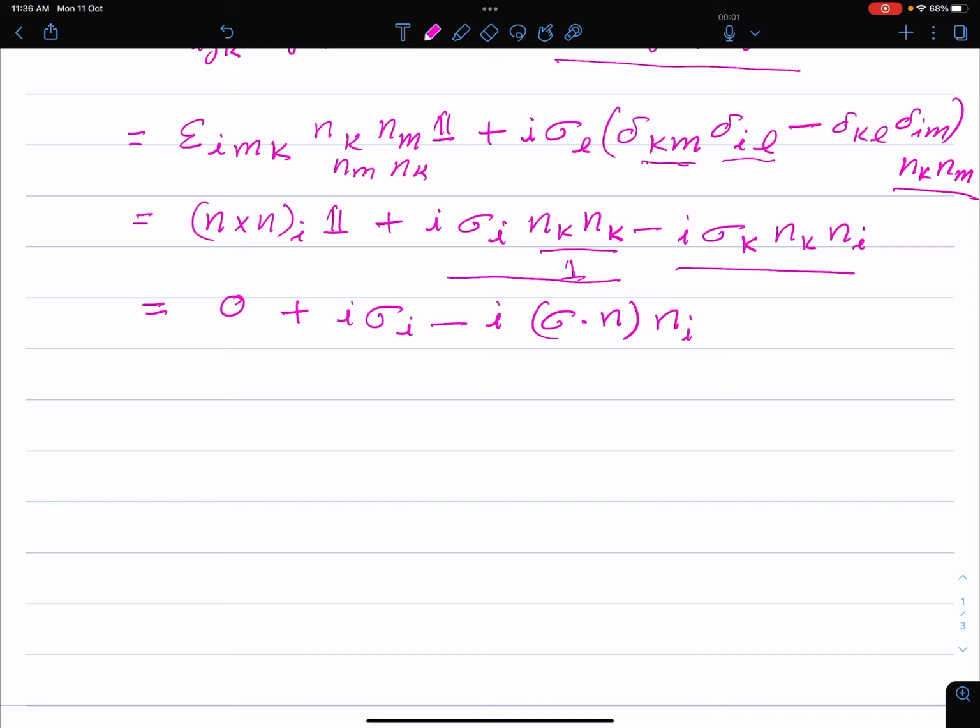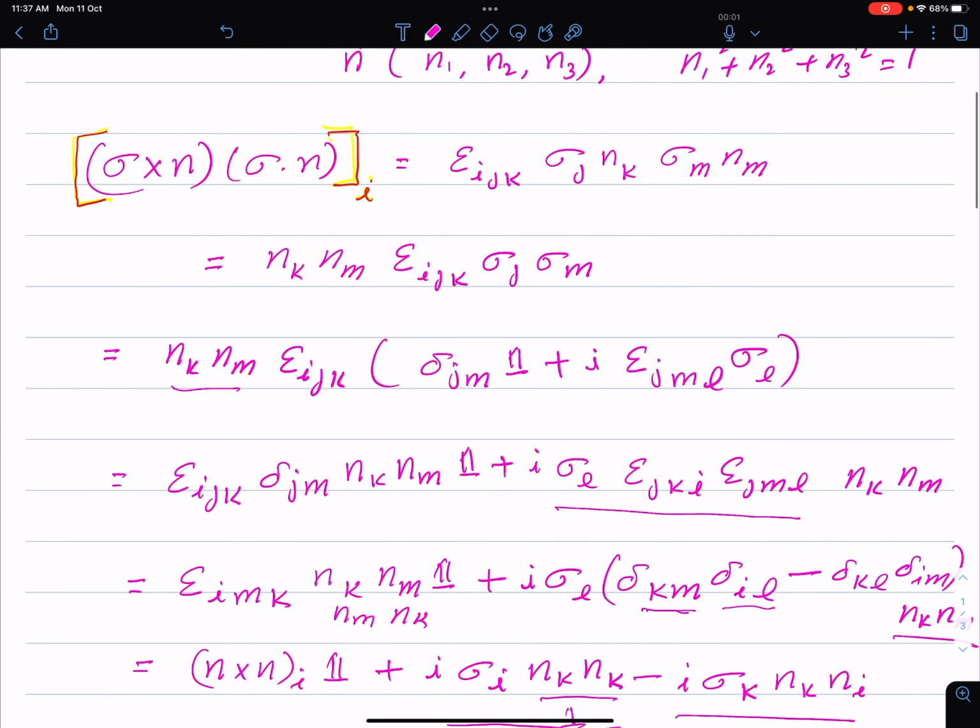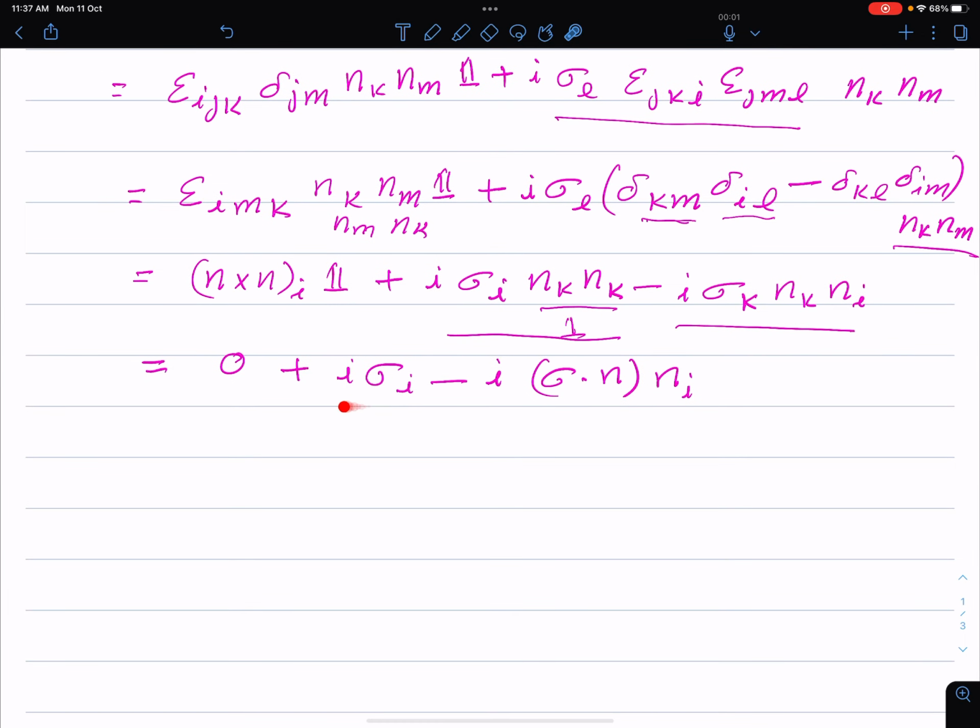So the left hand side was sigma cross n times sigma dot n, the ith component, which is equal to i sigma, ith component, minus i sigma dot n ith component of n.